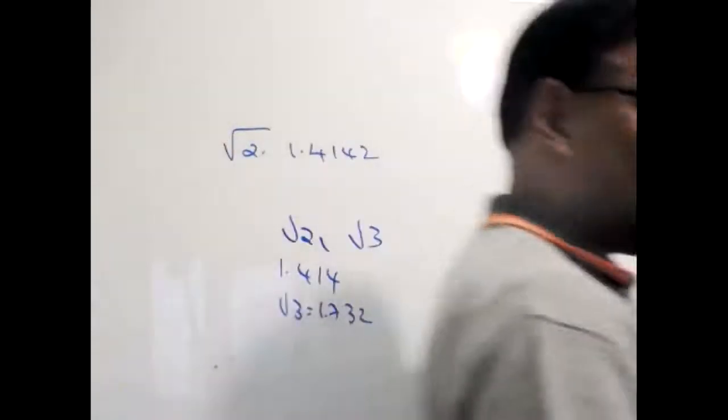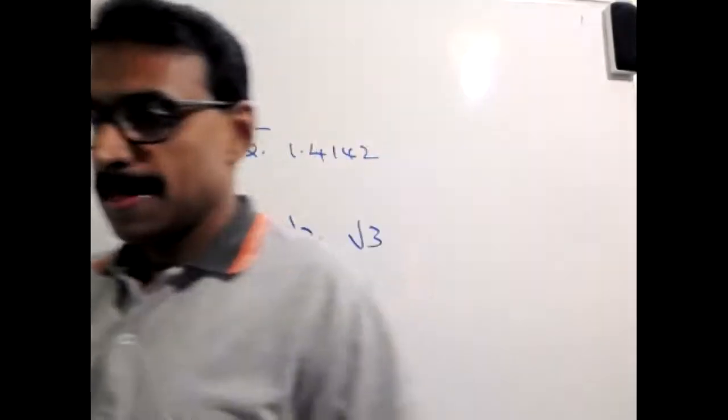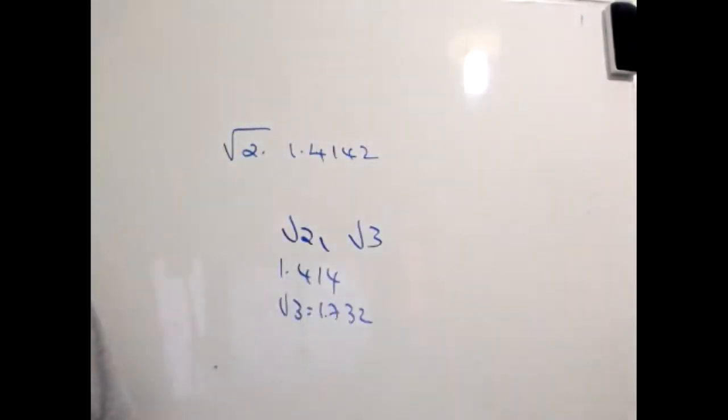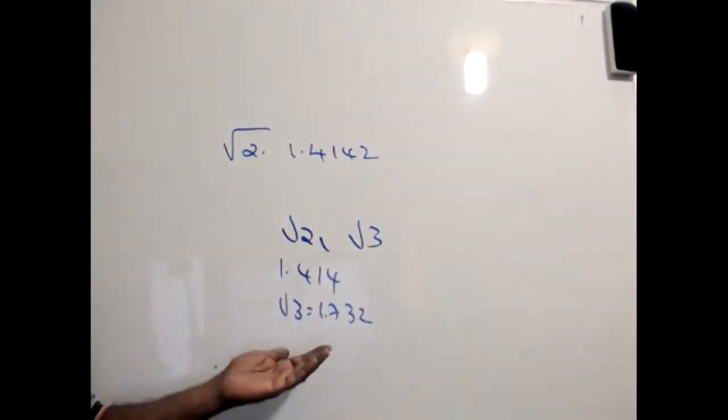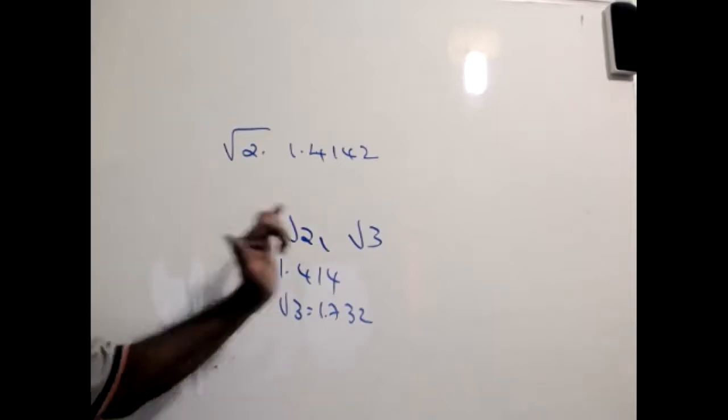Now with an in-between number, we can write 1.5, right? In between we can write 1.5, a clean number. My question was: write a rational number between root 2 and root 3.